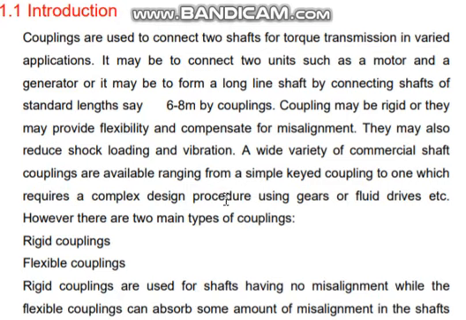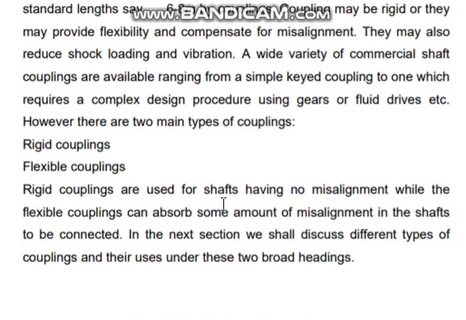Rigid couplings are used for shafts having no misalignment, while flexible couplings can absorb some amount of misalignment on the shafts. In the next section we shall discuss different types of couplings and their uses under these two broad headings. Before that I want you to see this video.